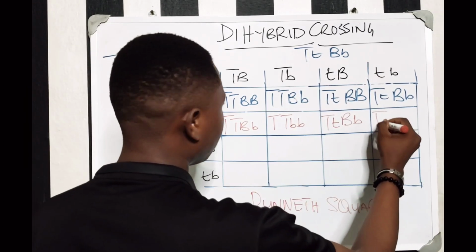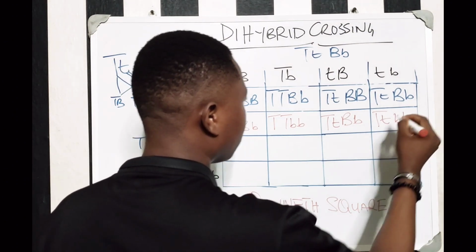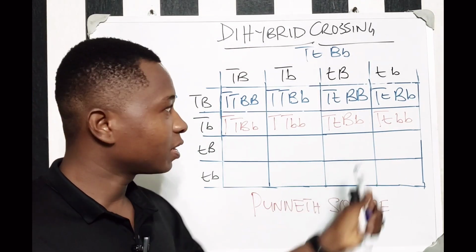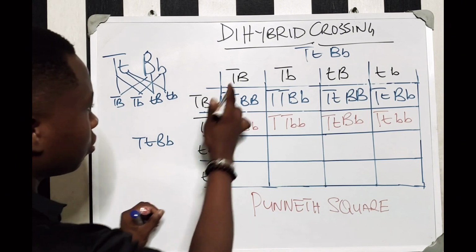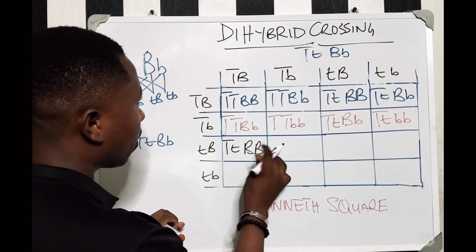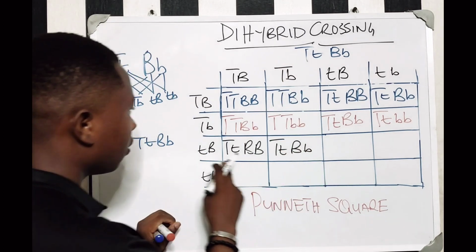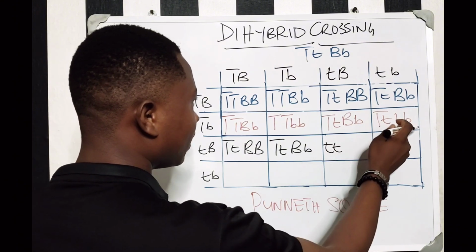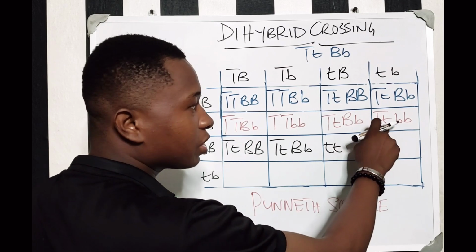So we would have, okay, I'm sure you can see what is happening here. I would explain. Let's move forward. This one, you would have this, and the other one, you have this and this. Okay, the same thing almost repeated here, but it is on the tallness gene.